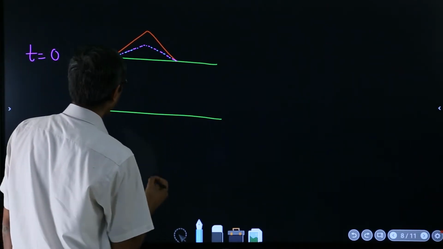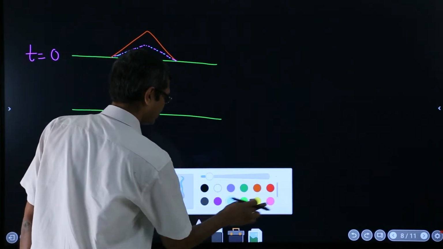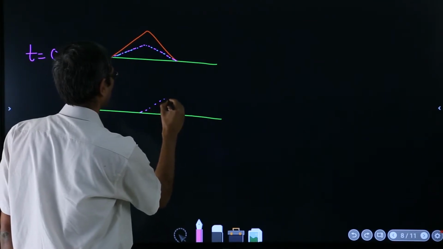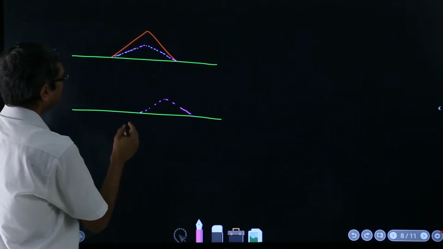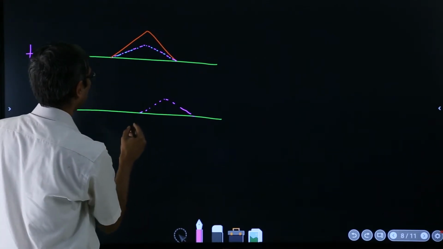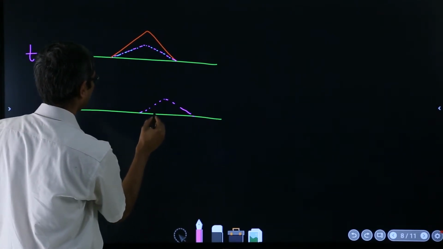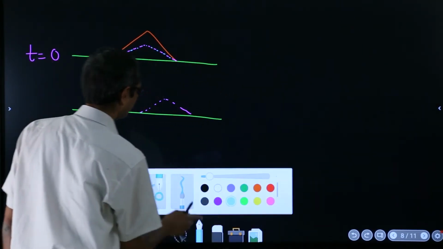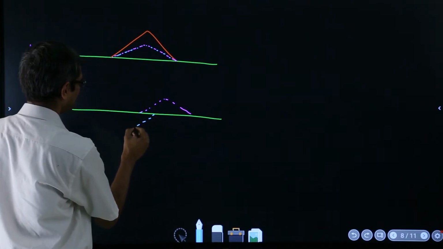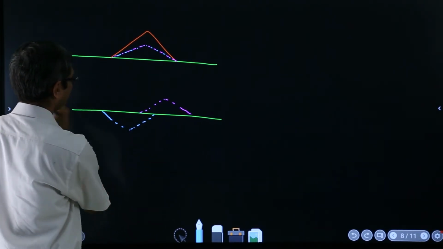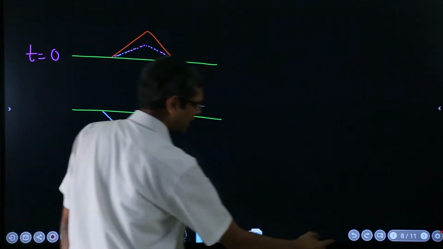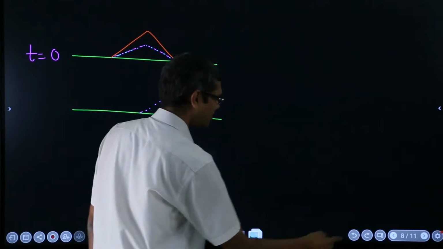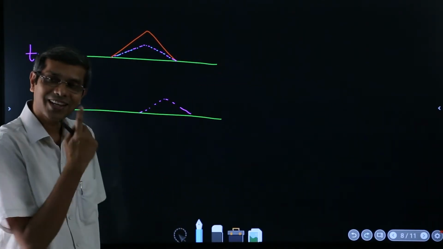Now let's say the purple one starts moving rightwards. Then what will happen? After some time, this one will be like this, and this blue one will move like this. Why did I do that? Because I am thinking about some other thing, the reflection.